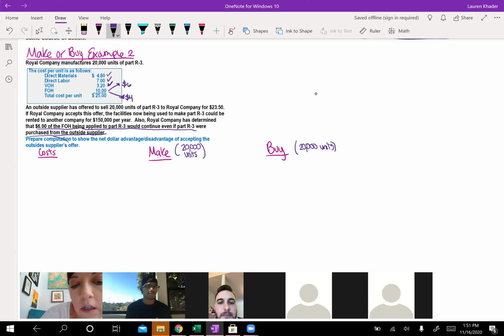The $4, because this is avoidable. This is a shared cost, right? $6 was a shared cost. Unavoidable. They're going to incur it regardless if they make or buy the part.